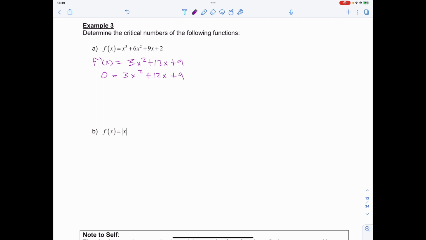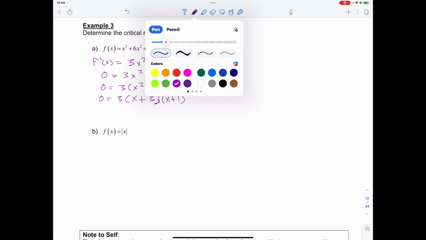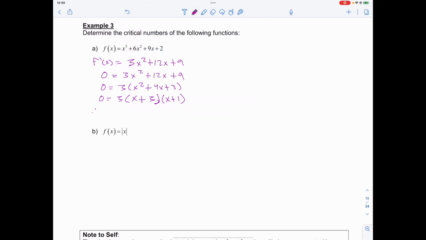And then from there, I'm just going to factor. 0 is equal to 3 times x plus 3 and x plus 1, which means that, therefore, the critical numbers in this case are x is equal to -3 or -1 based on the solutions to when f prime of x is equal to 0.